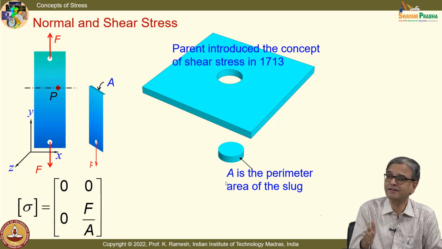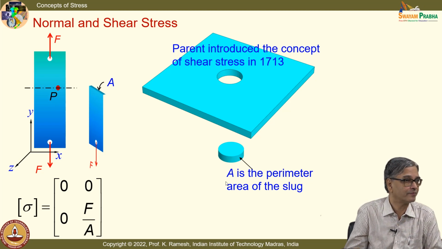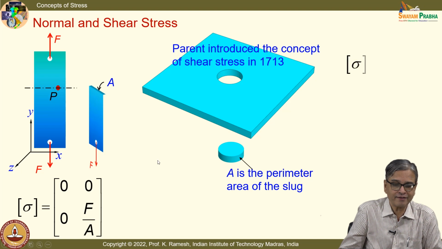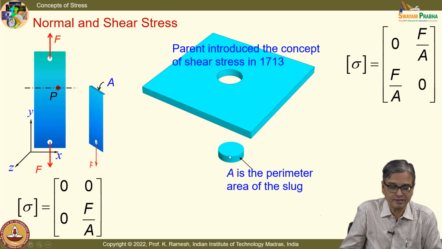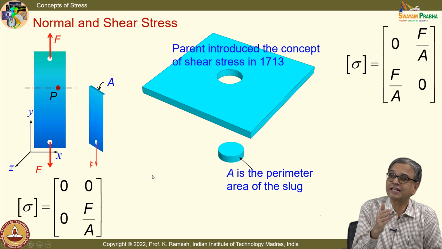Can you write that? We have already looked at how to write a tensorial representation. We have written it in a form, fine. So, I have tau xy and tau yx. So, the tensorial representation of state of stress at any point on this is nothing but what I have, this as a matrix.